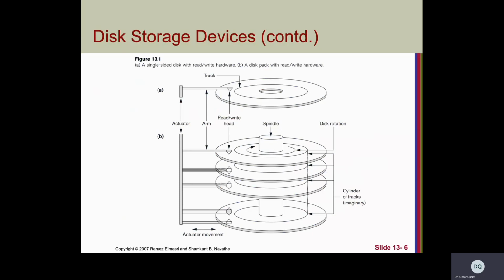You can see that there is an arm and actuator and a pointer, which is the read-write head. That read-write head is reading and writing on those tracks. So disks rotate, and the data is being written to or read from those disks.